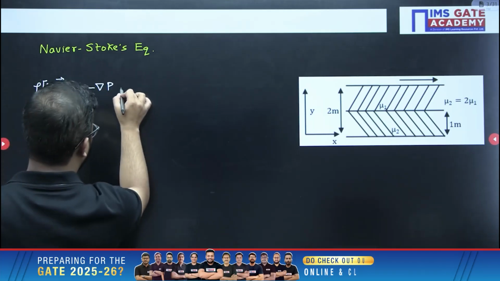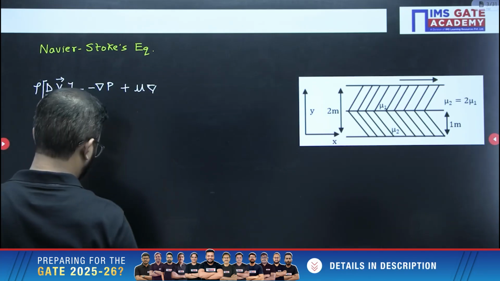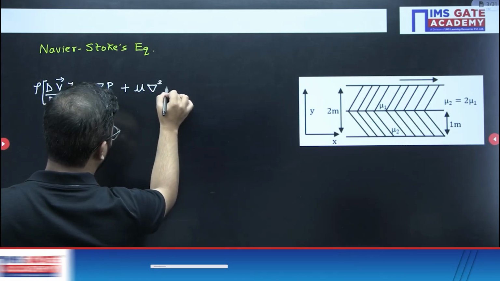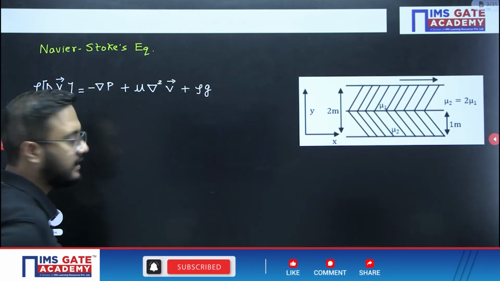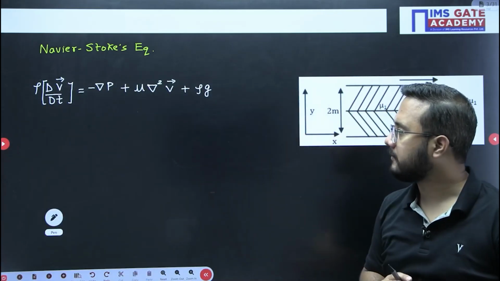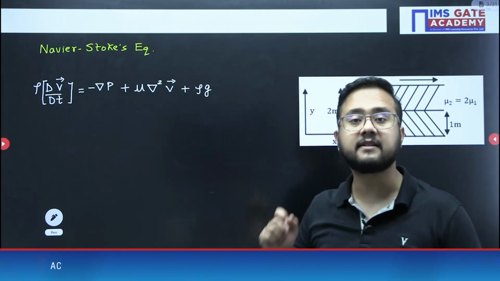It is minus del P plus mu del square velocity vector plus rho g, like this. This is what we have as the Navier-Stokes equation.